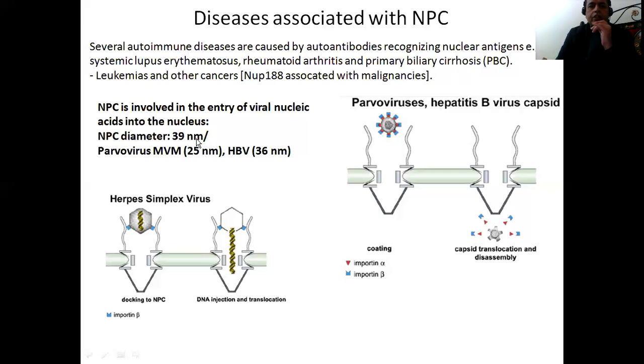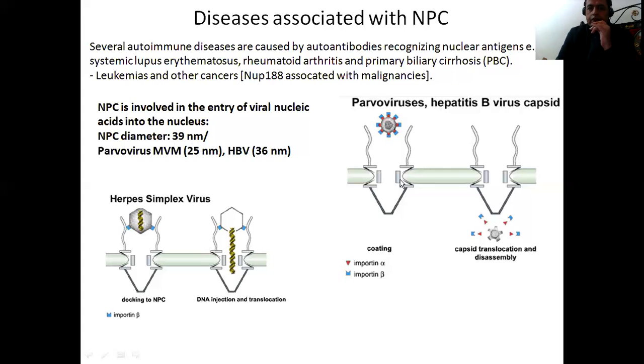So certain viruses are smaller than 39 nanometers. For instance, the parvovirus MVM is about 25 nanometers only, or hepatitis B virus, which is 36 nanometers. It means that these viruses can pass through the nuclear pore complex in their intact form. You can just look at the entry of the parvovirus here.